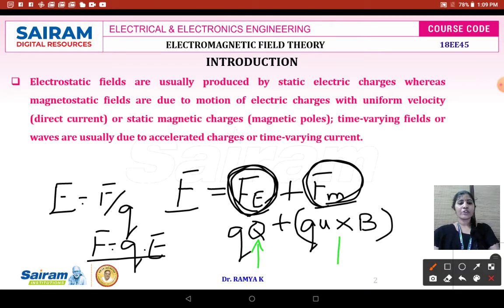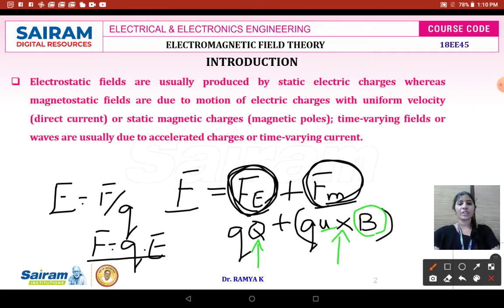The magnetic force is exhibited due to the movement of the electrical charge with a velocity u in the presence of magnetic flux density or magnetic field intensity. Therefore, here what you have to consider is the Lorentz force equation for any analysis of applications with respect to electromagnetics.